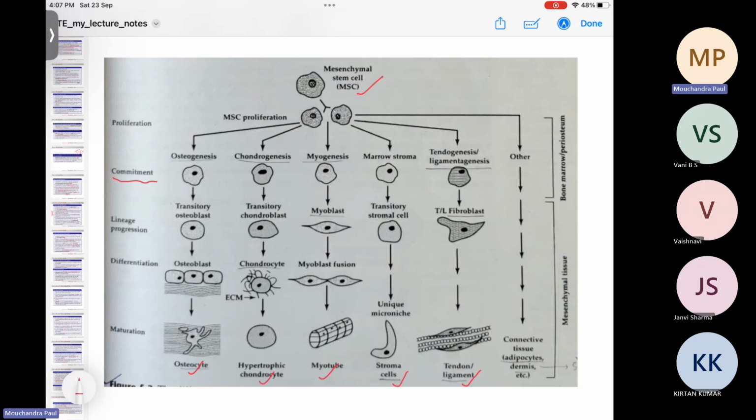This commitment stage is the important stage. That is the stage where you exert some control over what kind of final cell product you will get from a stem cell.